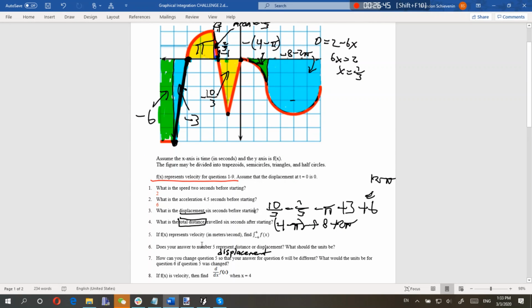So this one would be negative 6 minus 3 plus pi plus 1/3 minus 10/3 minus all of 4 minus pi minus 8 minus 2 pi. And then we add all of that together.